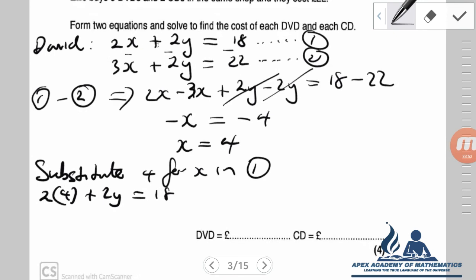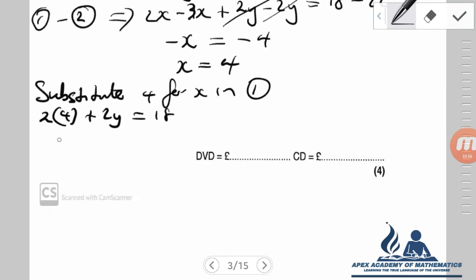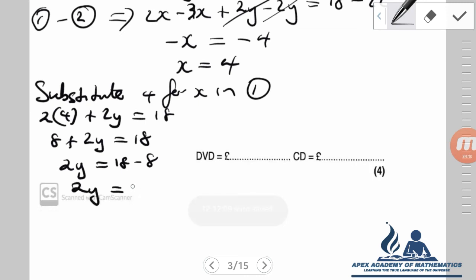Subtracting 8 from both sides, 2y is equal to 18 minus 8, so 2y is equal to 10. If we divide both sides by 2, we easily get that the cost of a CD is £5. So the cost of a CD is £5, and the cost of a DVD is £4.